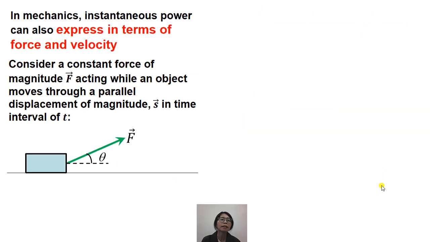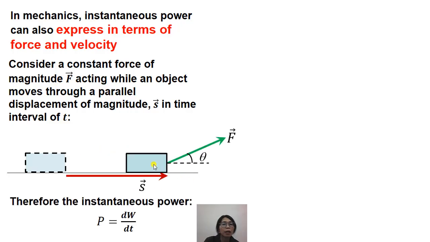So class, basically in mechanics, the instantaneous power can also be expressed in terms of force and velocity. We consider a constant force of magnitude F acting on an object while the object is moved through a parallel displacement of magnitude S in the time interval of t. Under the action of this force F, the object moved through a displacement of S within time t. So the instantaneous power will be dW over dt.